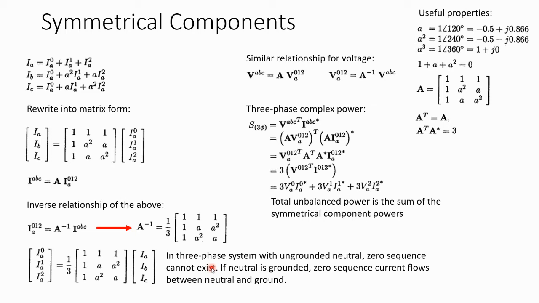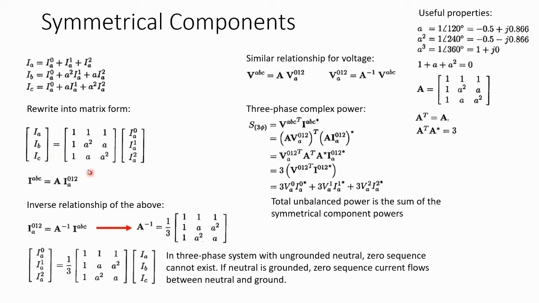In such a case, it will be impossible for us to draw 1/3 of phase A current plus 1/3 of phase B current and 1/3 of phase C current out and sum them up to give us the zero sequence of phase A. Instead, if that same system is grounded through the neutral, then the unbalanced current can flow to the ground through the neutral. And the current in the neutral then is equal to IA0, which is our zero sequence phase A current.